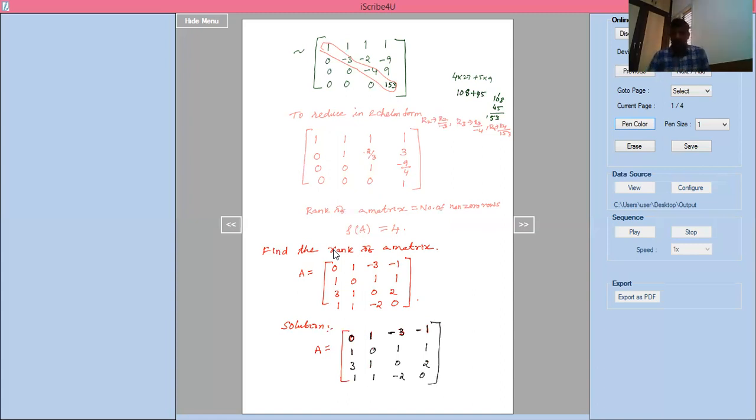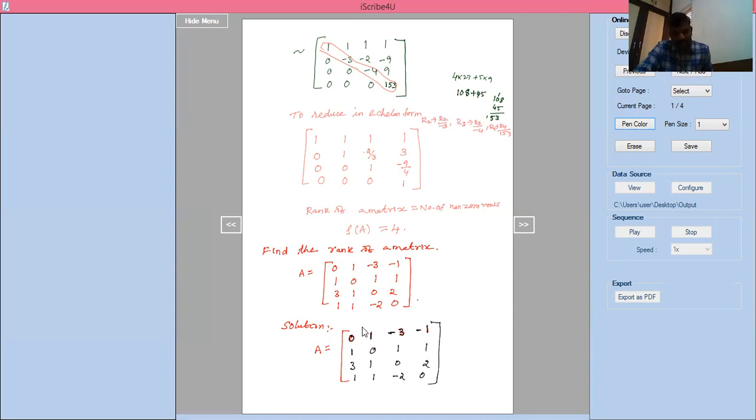For this, if you identify the principal diagonal element, the first element is only 0. If the first element is 0, it is not possible to do operations to make the elements below the principal diagonal 0. So what I will do is interchange R1 and R2. The principal diagonal element is 0 in the first place, and we want to perform the operations here.